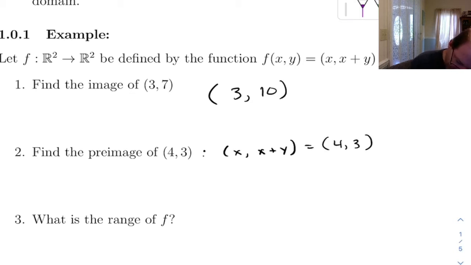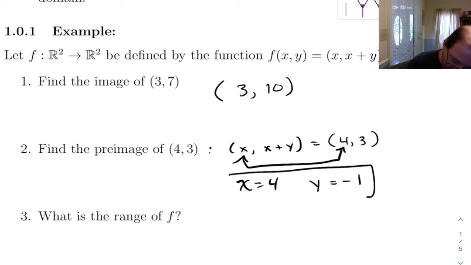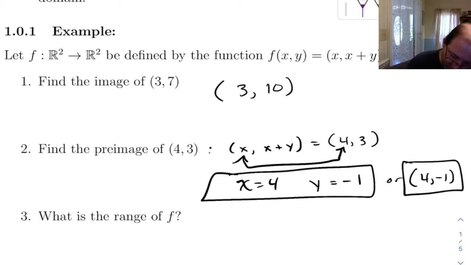And so that gives us immediately from here that 4 is x. And from the other one, 4 plus y is 3, so y is going to be negative 1. So that's the preimage. I could write it like that, or I could write it as 4, negative 1. It probably makes more sense to write that as a point.